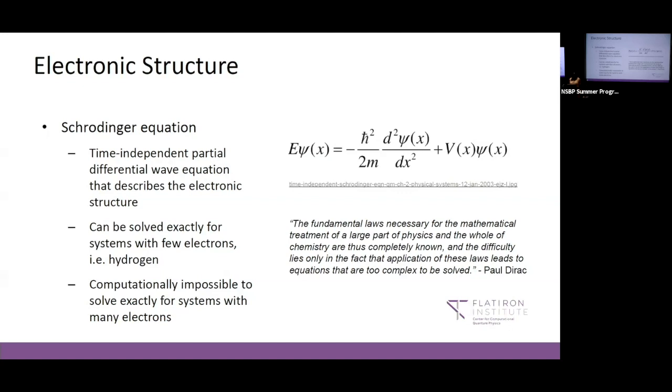Essentially, what he is saying is that while this equation, the Schrodinger equation, is great for solving for systems with very few electrons, it becomes computationally impossible to solve for systems with many electrons.